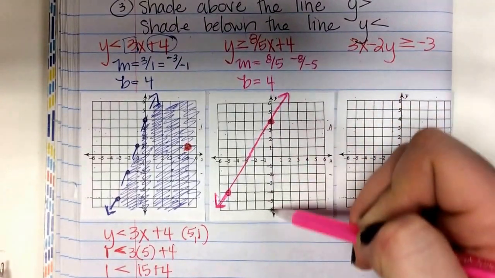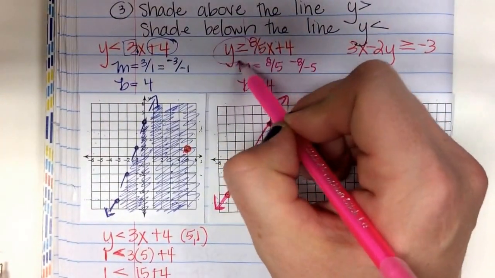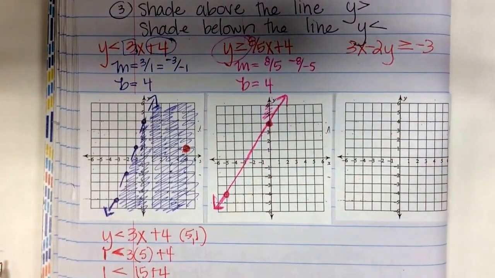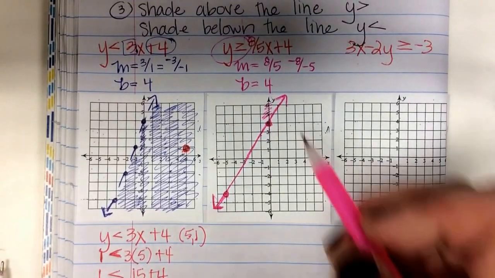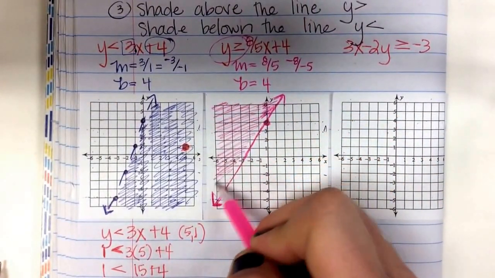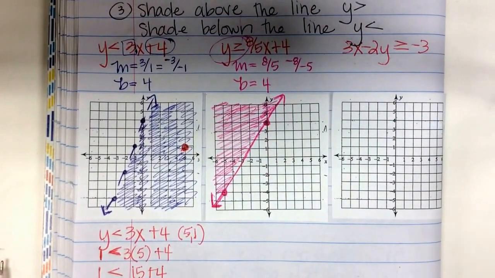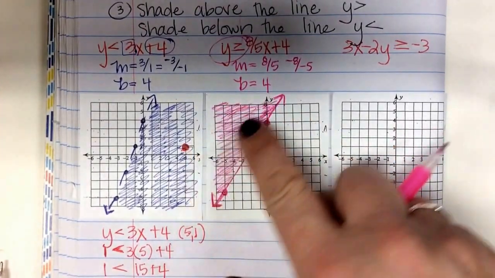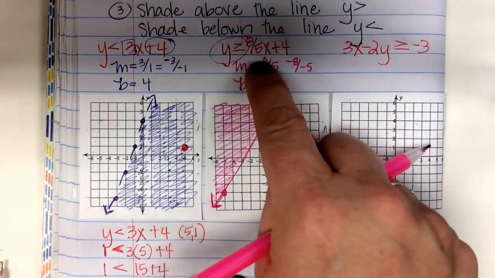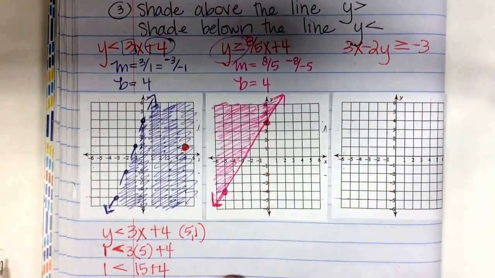Or do I shade down where y gets smaller? Up. Y is greater. So I shade up. So I shade everything on that side of the line. And again, anything in this shaded region, if I put the numbers in the inequality, it would work. This time including anything on the line.